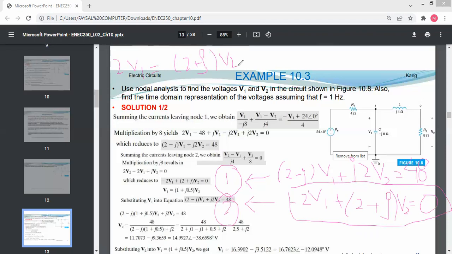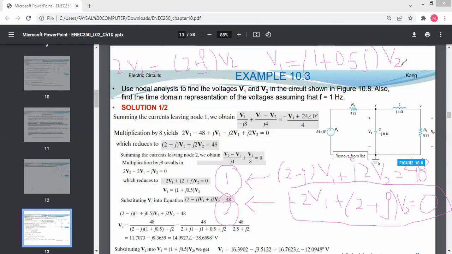Then for this, 2 is multiplied with v1, and when it is moved to the other side, it will be divided. So my final value will be v1 equals to 1 plus 0.5j with the value of v2.